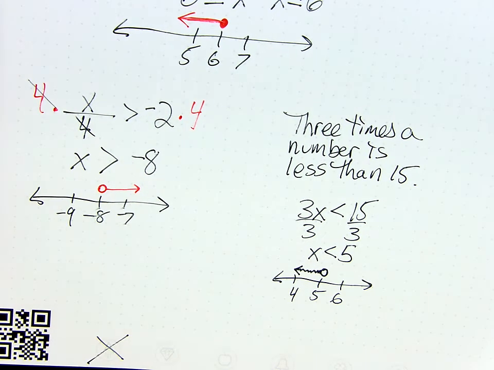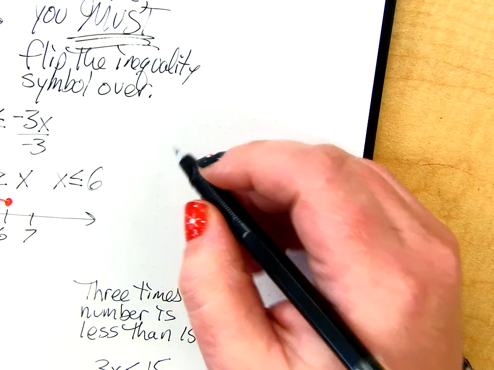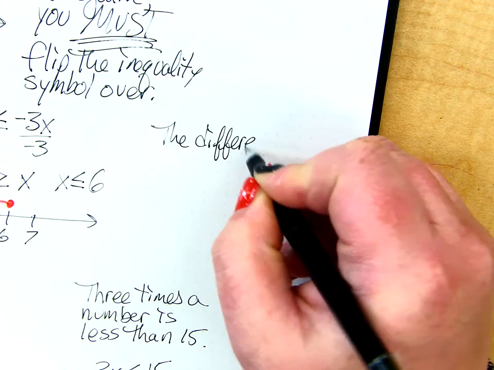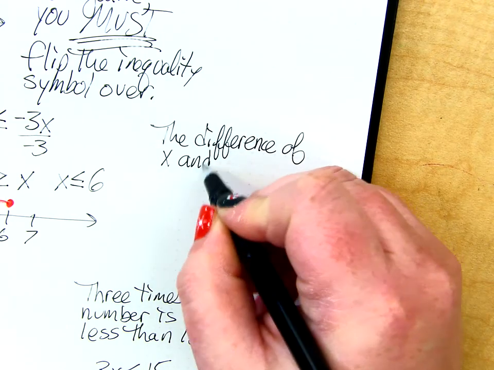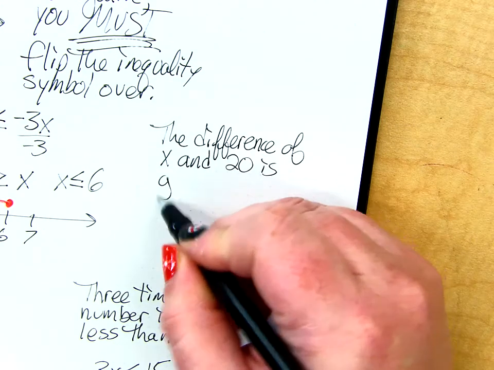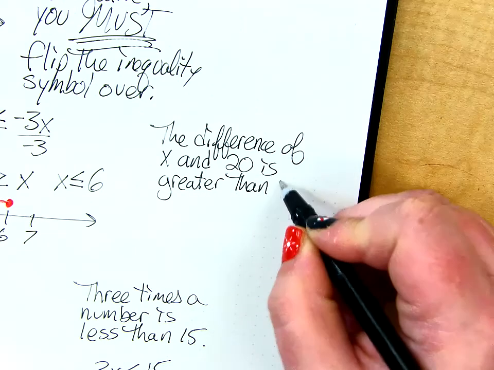All right, let's try another word problem. Let's make it harder. I'm going to try and keep it to one page today. Let's do the difference of x and 20 is greater than 100.